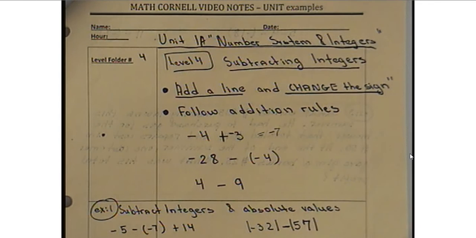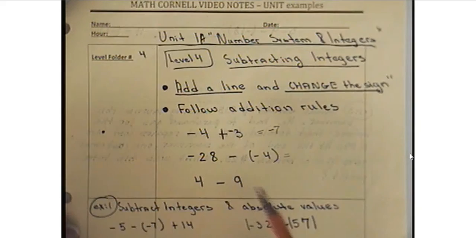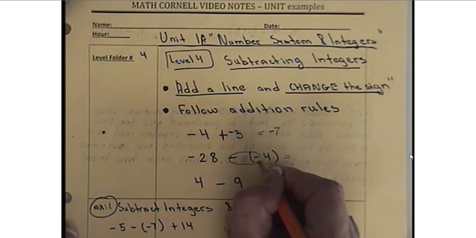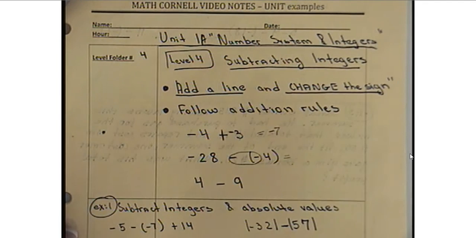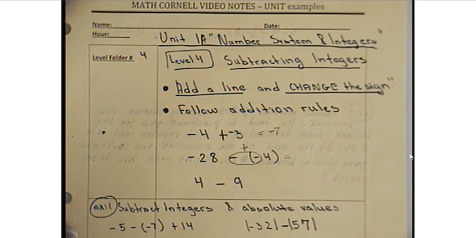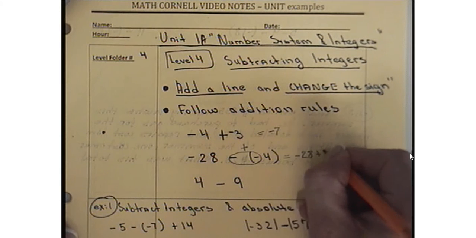Let's take a look at the next example. So that will be equal to, every time you have those parentheses and two negatives close to each other or touching almost each other, we always change those to positive. So now what I will get here will be negative 28 plus 4.